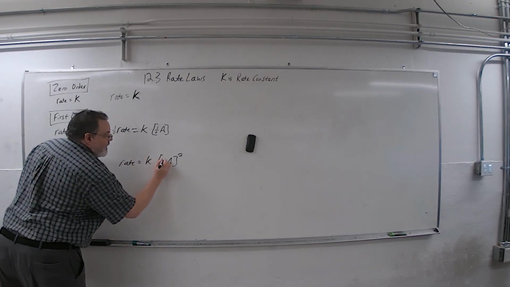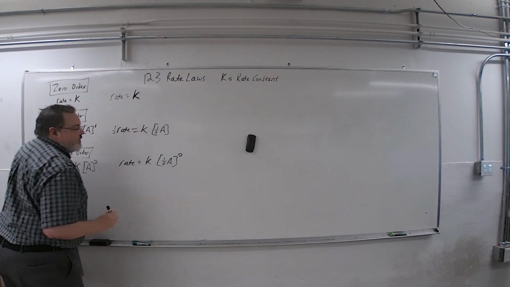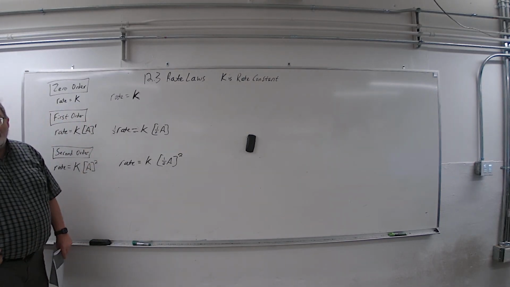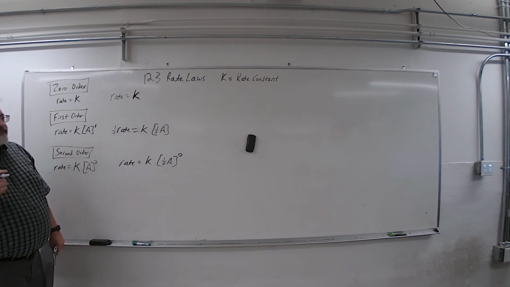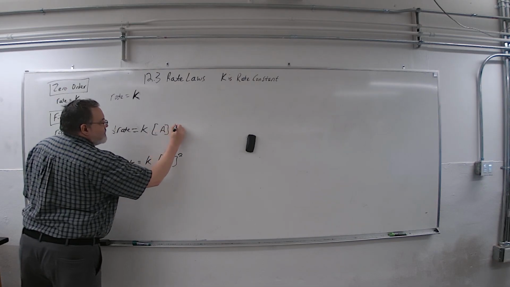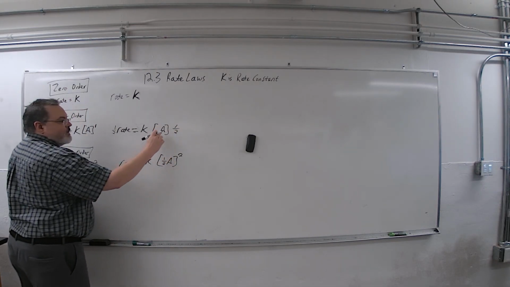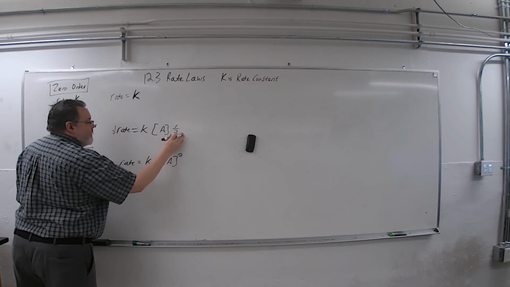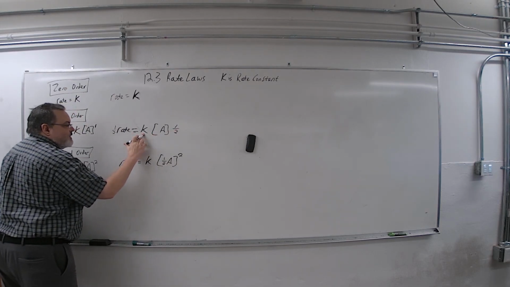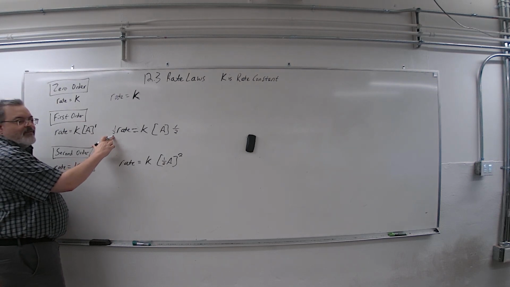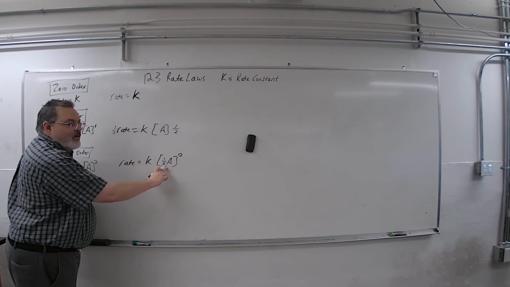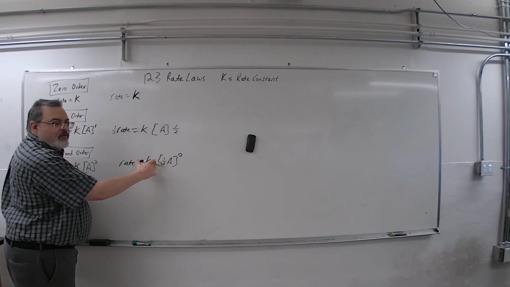If the concentration of A decreases by 1/2, how much does the rate decrease by? I could just write this one out here because there's no square or anything. If the concentration goes down by 1/2, that's a constant, this has to go down by 1/2. But if you square that, 1/2.